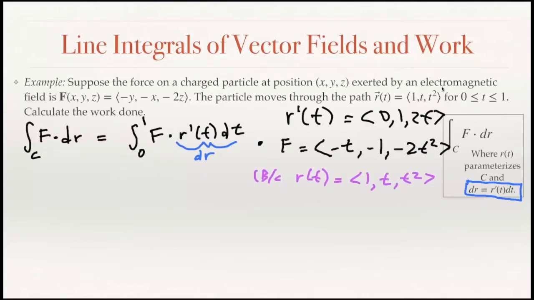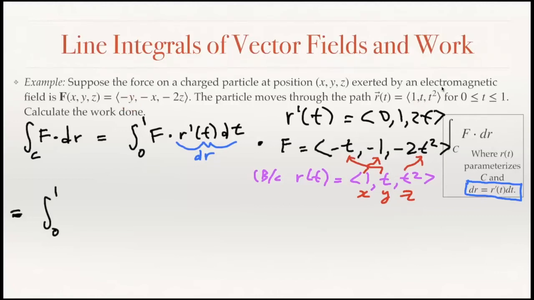That's because r(t) was this, so at a given position, that's our x, y, and z. So we plug those in for our x, y, and z. That negative y there is a negative t, for example.